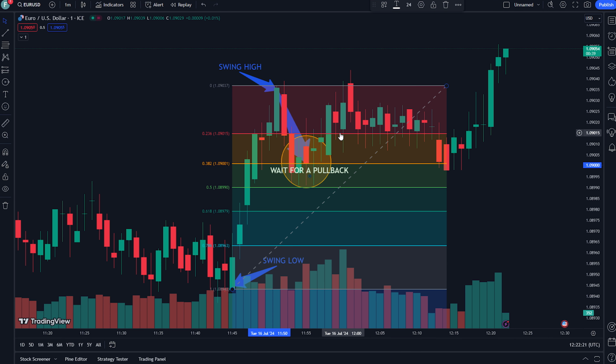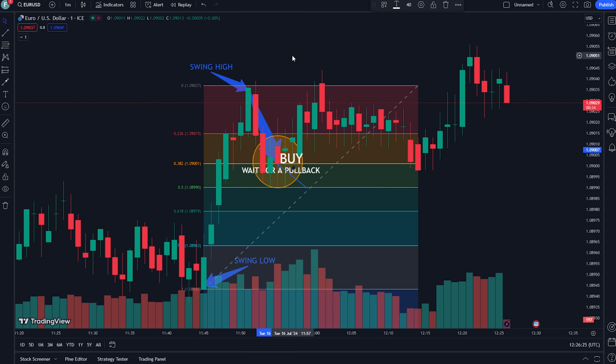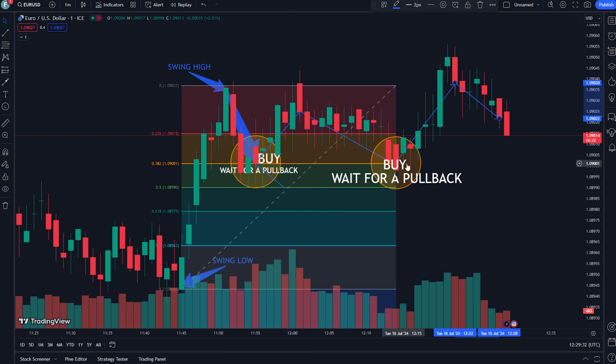Next, wait for the price to make a pullback to one of these levels, ideally the 0.382 Fibonacci level, because that's the most common level where the price tends to reverse from. So if the price touches that level, that could be a good buy entry. Keep in mind that price could also reverse from other Fibonacci levels. Combine it with other confirmation signals to get a better entry.